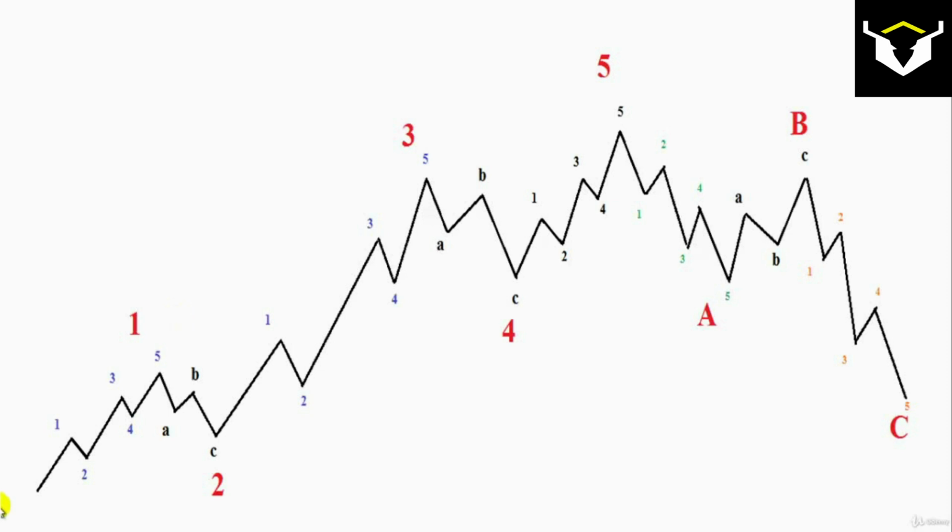For example, once wave 1, 2, 3, and 4 are complete, you know that wave 4 is followed by wave 5. Wave 5 goes to make a new high. So once waves 1, 2, 3, and 4 are complete, you are in a position to make a judgment that wave 5 will follow completion of wave 4.